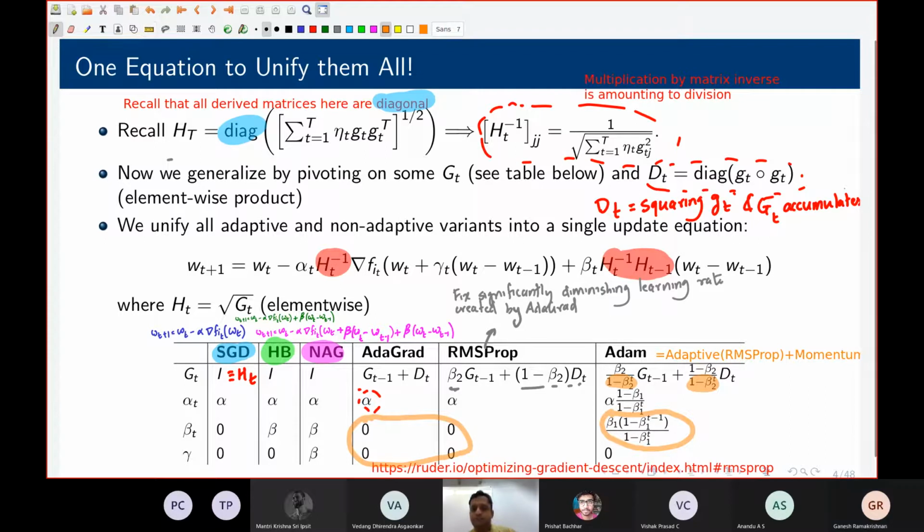It's of course looking at accumulations of gradients, but it's actually also looking at how the features are changing. G, T, J: at the Tth iteration, the Jth parameter, we're looking at its gradient. So in some sense, what these adaptive methods capture is the relative importance of features.